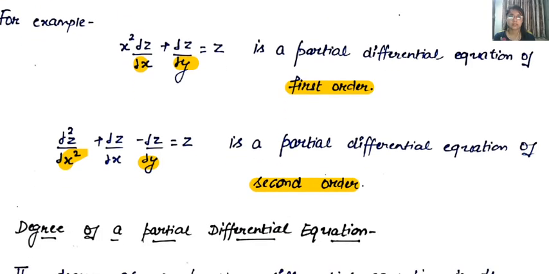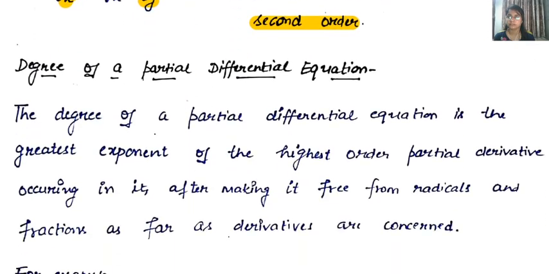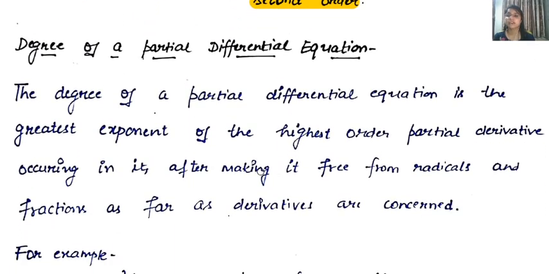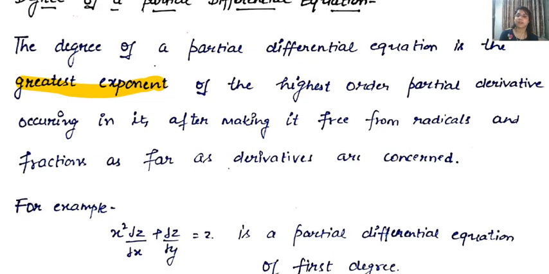Next is degree of partial differential equation. Degree of partial differential equation is the greatest exponent of the highest order partial derivative occurring in it after making it free from radicals and fractions as far as derivatives are concerned.